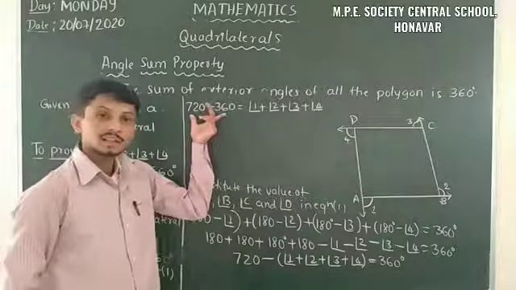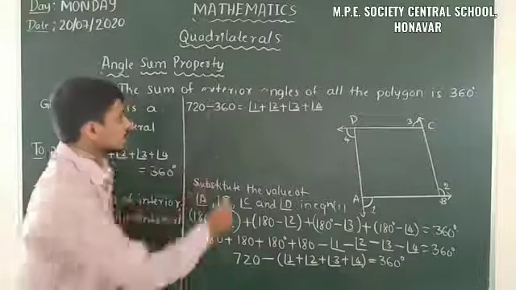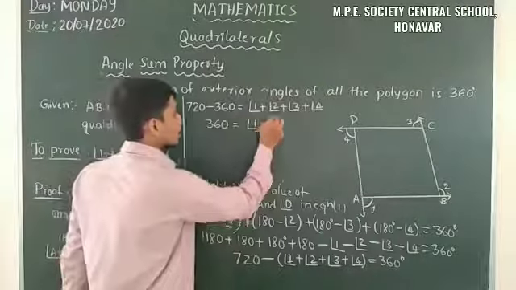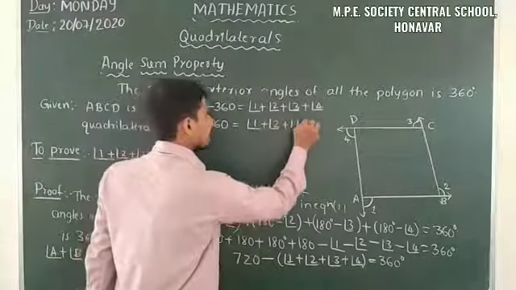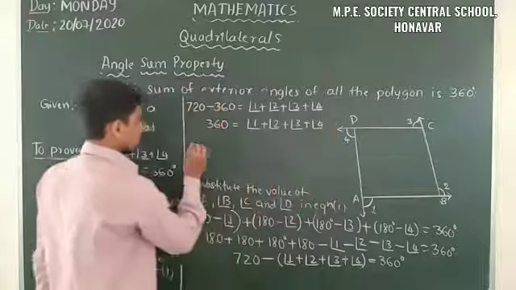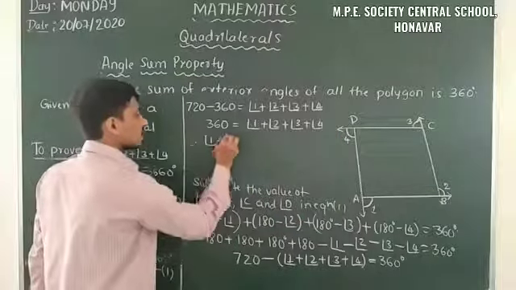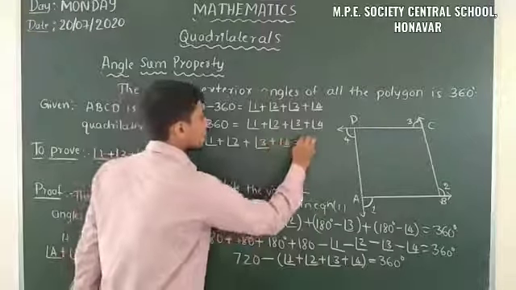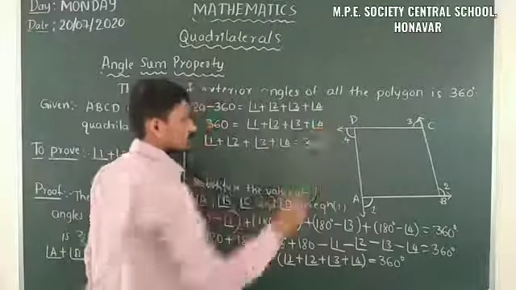What is the answer for 720 minus 360? It is 360, equal to angle 1 plus angle 2 plus angle 3 plus angle 4. Therefore angle 1 plus angle 2 plus angle 3 plus angle 4 is equal to 360 degrees.